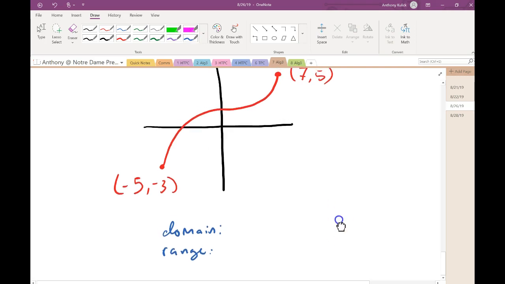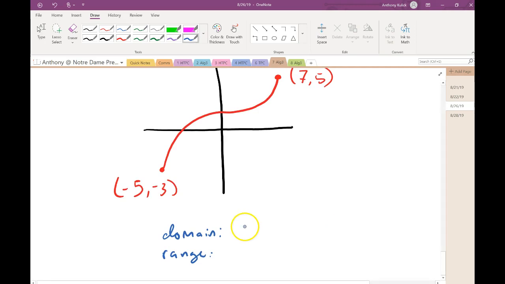Remember, the domain is about the x's. What's the lower bound for my x's? -5. So if we start on the far left, the first x coordinate used is -5. And the upper bound for my domain is 7. If I go all the way to the right, the last point used has the x coordinate of 7. Now let's decide whether these need brackets or parentheses, whether they are included or not included in the graph that we've shown.